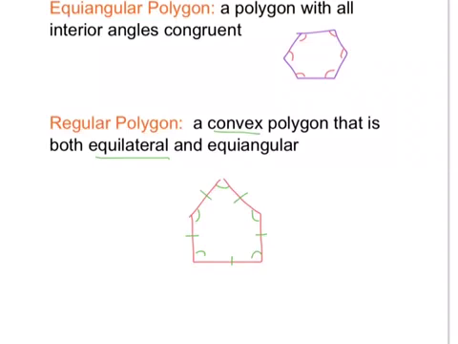So let's see if I can fix that. Nope, won't let me fix that. So if I would redraw this and make it a little bit of slant, that would be more of a regular polygon. So then all the angles would be the same, and all the sides would be the same.